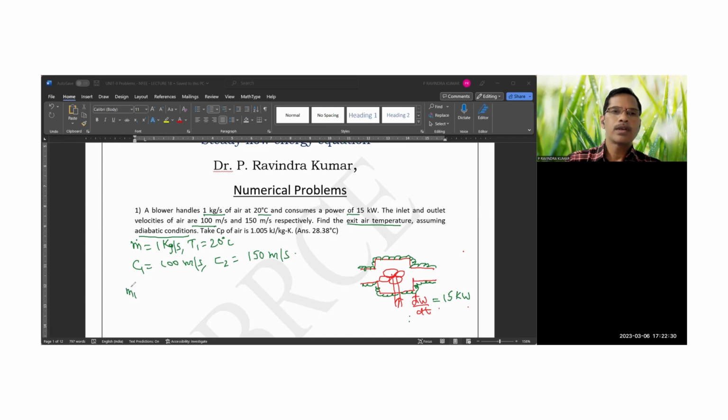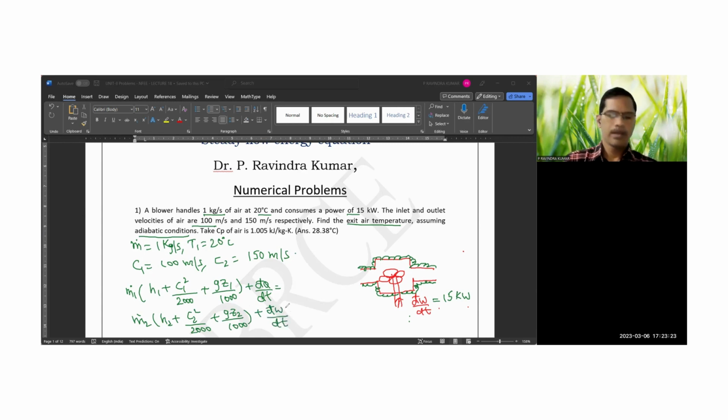It is m1 dot times h1 plus c1 square divided by 2000, which is in kilojoules, plus gz1 divided by 1000 kilojoule per kg, plus d bar q by dt, is equal to m2 dot times h2 plus c2 square by 2000 plus gz2 divided by 1000, plus d bar w by dt.